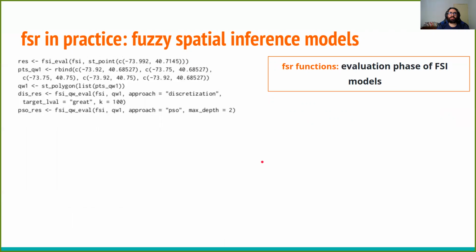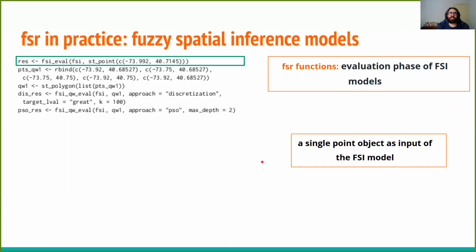The evaluation phase of FSI models can be performed by using two functions. The first one is the FSI eval, which infers the reasoning conclusion for one single point location. It employs fuzzy logic to make the inference.